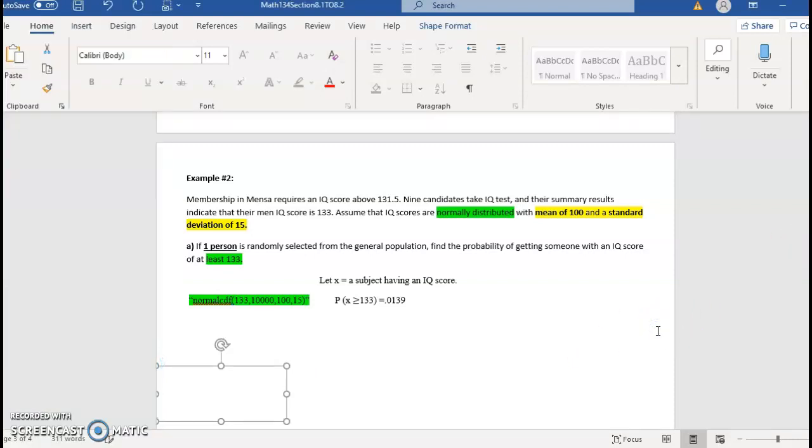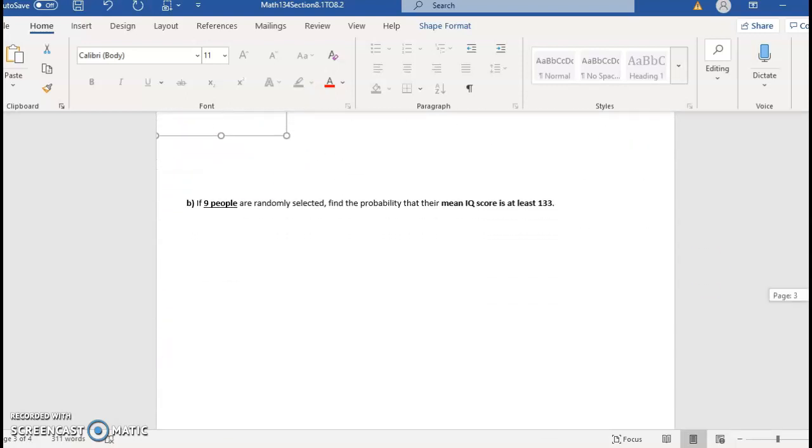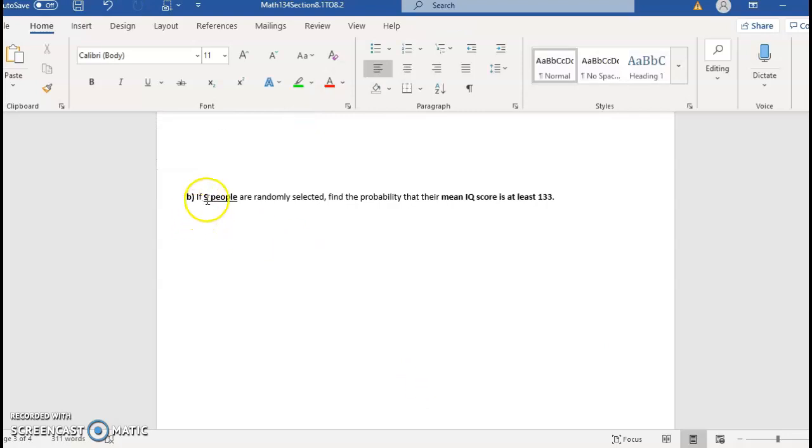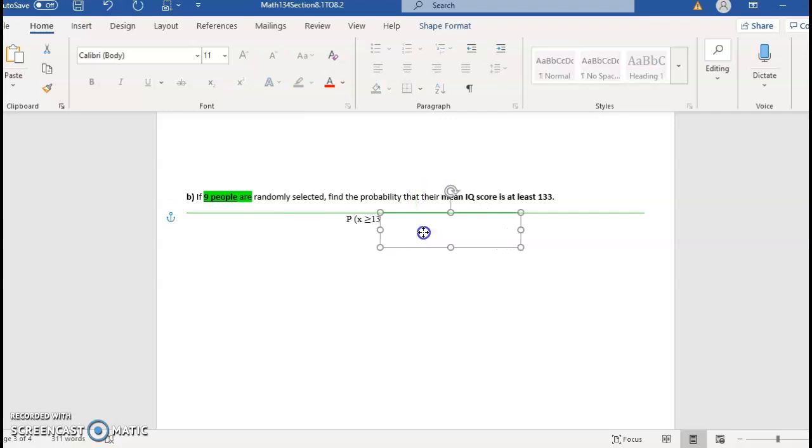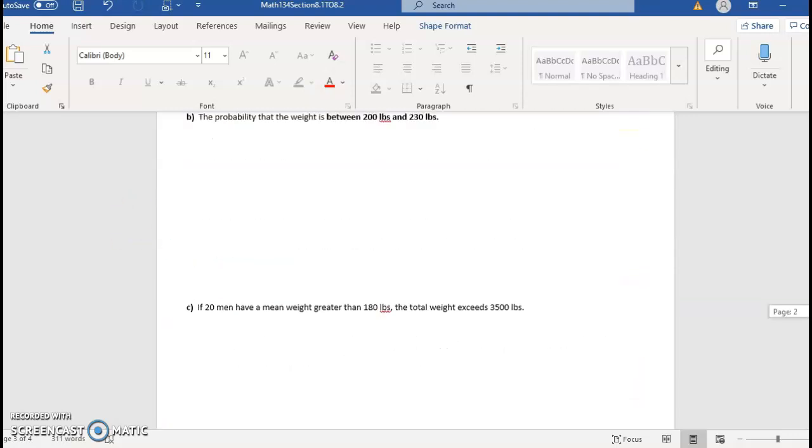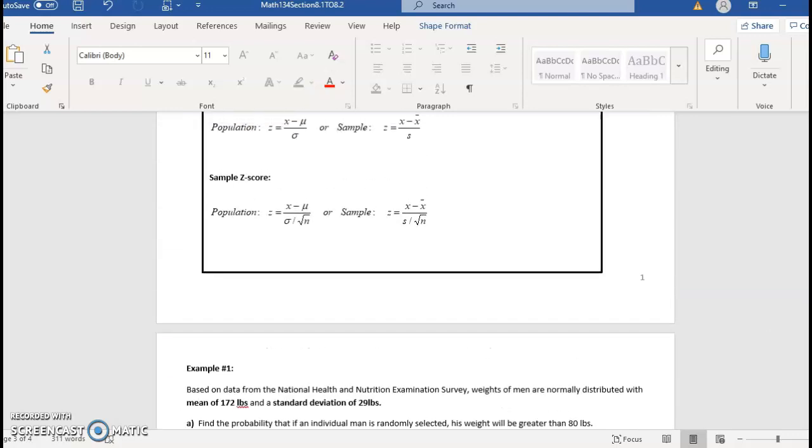Now, for the second question of this problem, they're adding one new factor. This is the idea of 9 individuals. We're still evaluating the probability that X is at least 133, but because you have 9 subjects now, you're going to be evaluating the following formula.